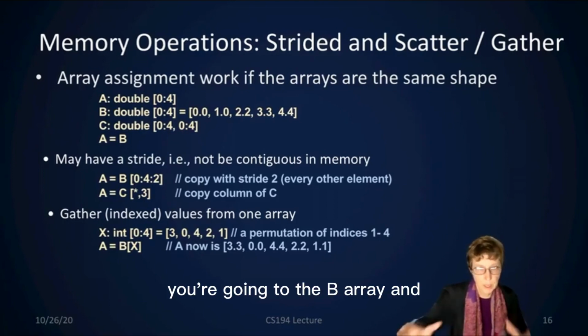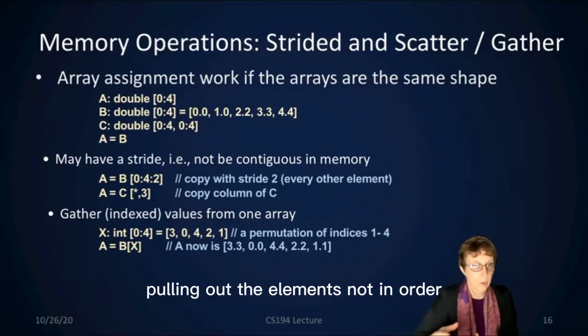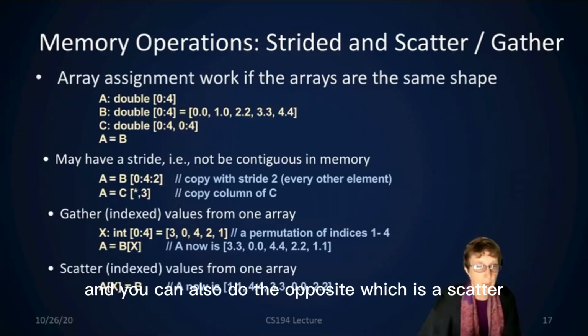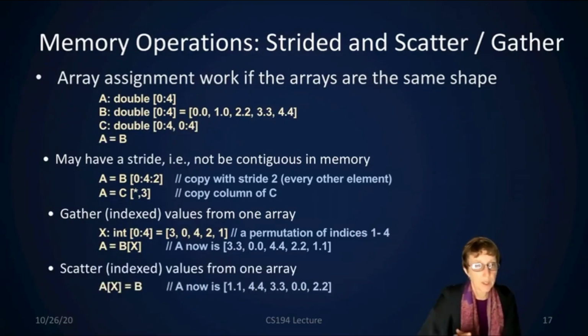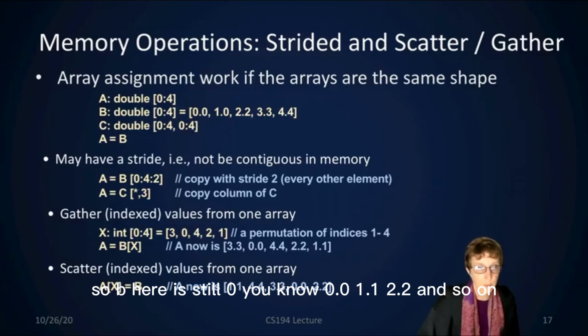You're going to the B array and pulling out the elements, not in order, but in an order given by the index array. And you can also do the opposite, which is a scatter. If we do a scatter, we're now going to pick the element of A that's given by the index. So B here is still 0.0, 1.1, 2.2, and so on.